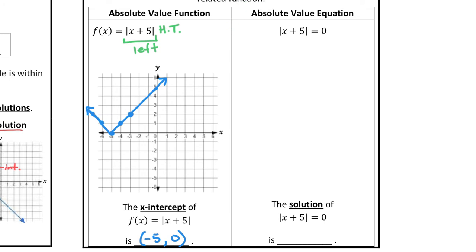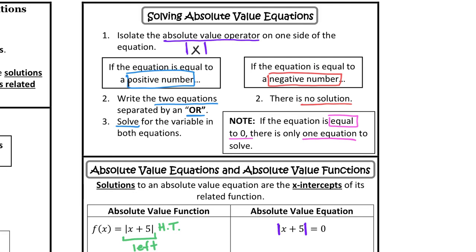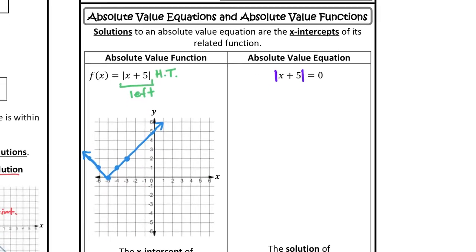We want to get this absolute value by itself on one side, which it is, and it's equal to 0. So it says up here again, what I highlighted in pink, if the equation is equal to 0, there's only one equation to solve. So this equation down here is equal to 0, so I just have one thing to solve.